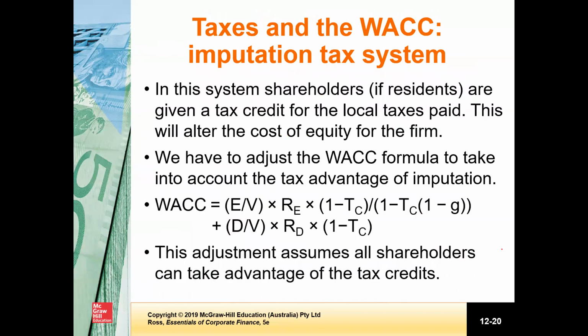Now let's talk about taxes and the imputation tax system. Remember that under imputation tax systems, some of the tax paid by companies is effectively returned to the shareholders as a tax credit attached to the dividends. We discussed this point earlier, right?